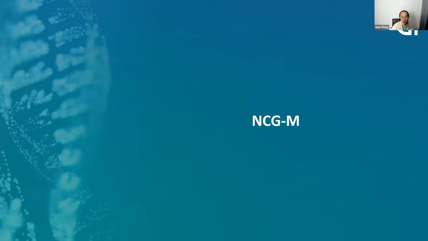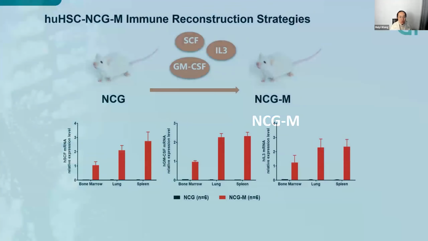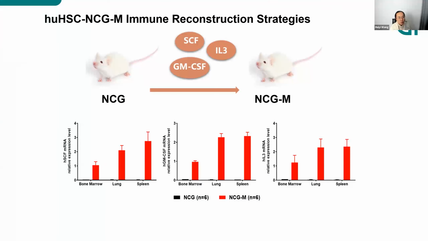So firstly, we will introduce the NCGM. We inserted human SCF, IL-3, and GM-CSF into the NCG and constructed the NCGM mice.